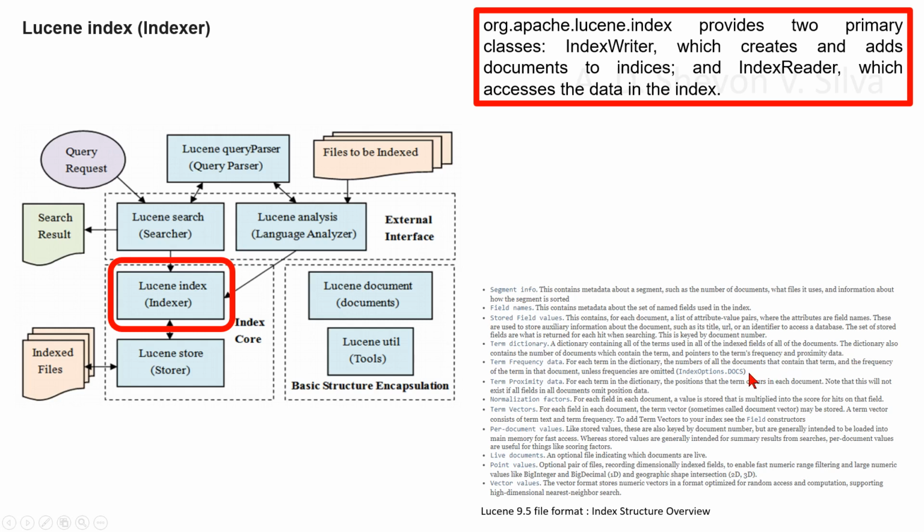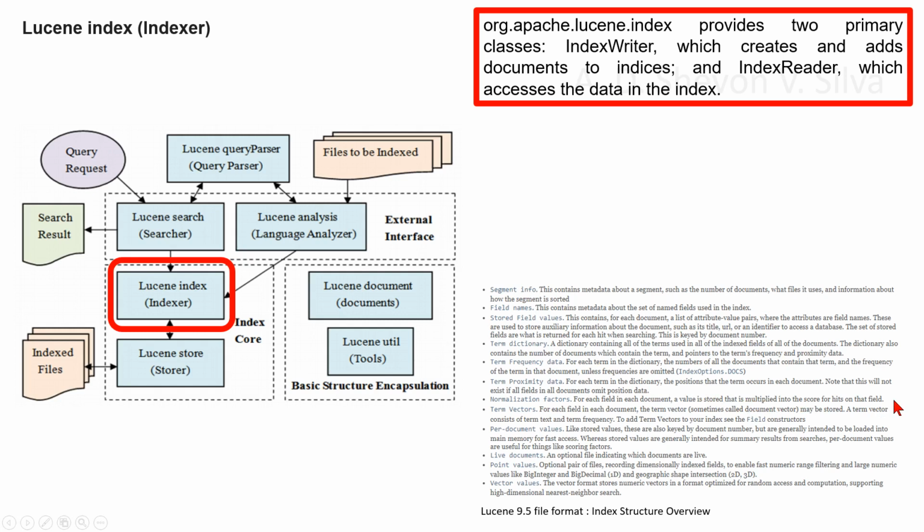Term frequency data: for each term in the dictionary, the numbers of all documents that contain that term, and the frequency of the term in the document, unless frequencies are omitted (index_docs). Term proximity data: for each term in the dictionary, the positions at which the term occurs in each document. Note that this will not exist if all fields in all documents omit position data.